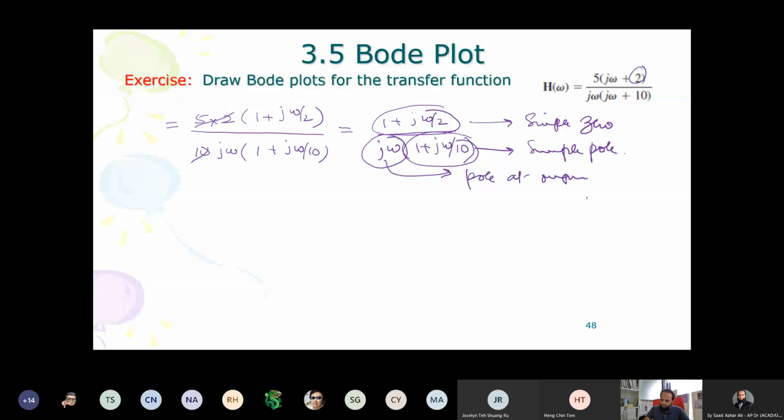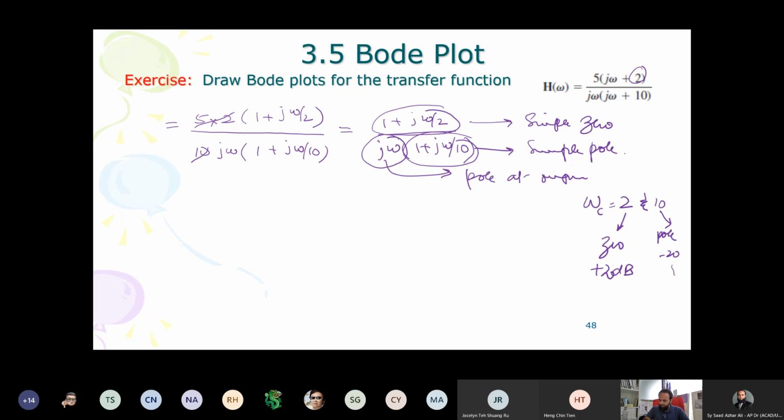So the corner frequencies, let's call them omega c, are 2 and 10. This one is a 0, so plus 20 dB, and this one is a pole, so minus 20 dB, and so on.